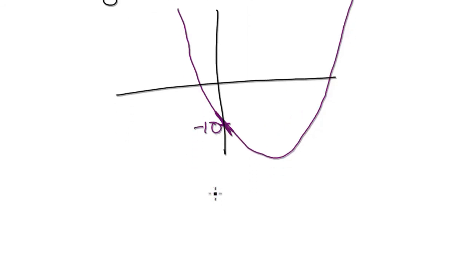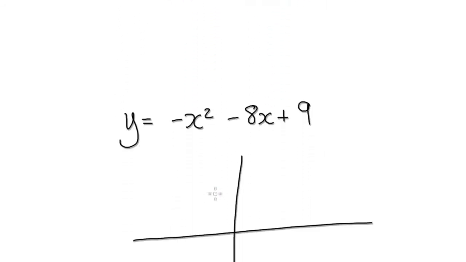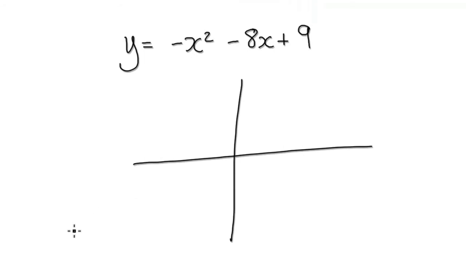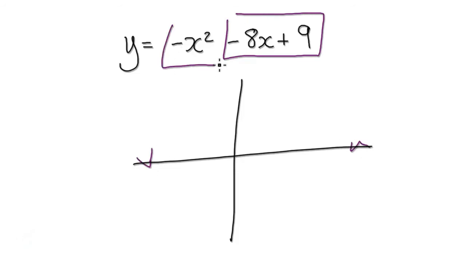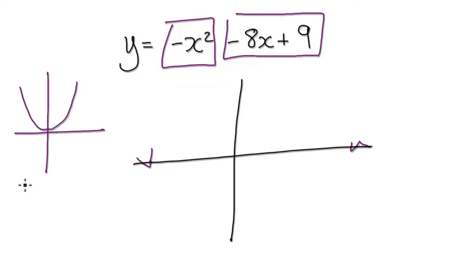Okay, next one. So sketch this graph. So press pause and have a go. Okay, so to do this, your eye should zoom into here. When x is big, it wants to do this, and don't forget, it is a negative quadratic. So remember, x squared looks like this, minus x squared will look like this, and then here we've got minus x squared.